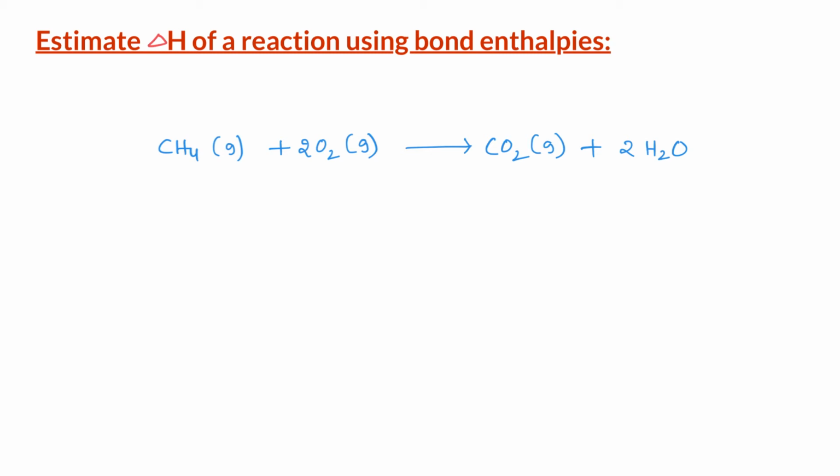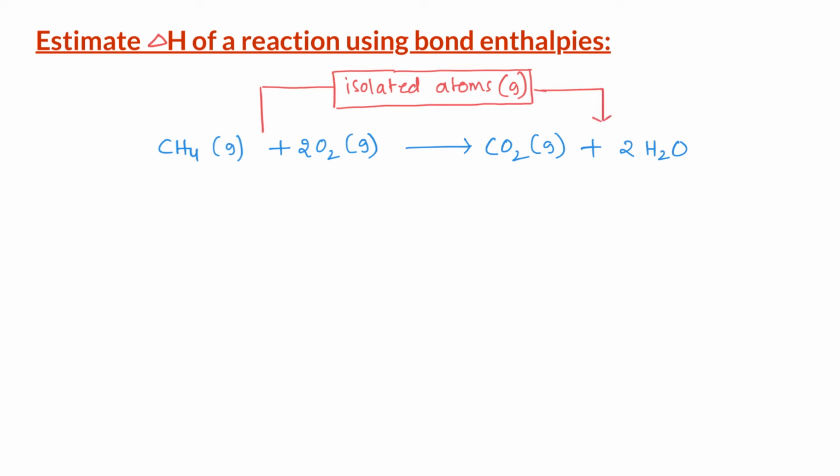change of the above reaction. Let us assume a path in which all the reactants are first converted into individual atoms in the gaseous state, and then those individual atoms are combined to form products. So, let me first calculate the enthalpy cost to convert all the reactants into individual atoms in their gaseous state.